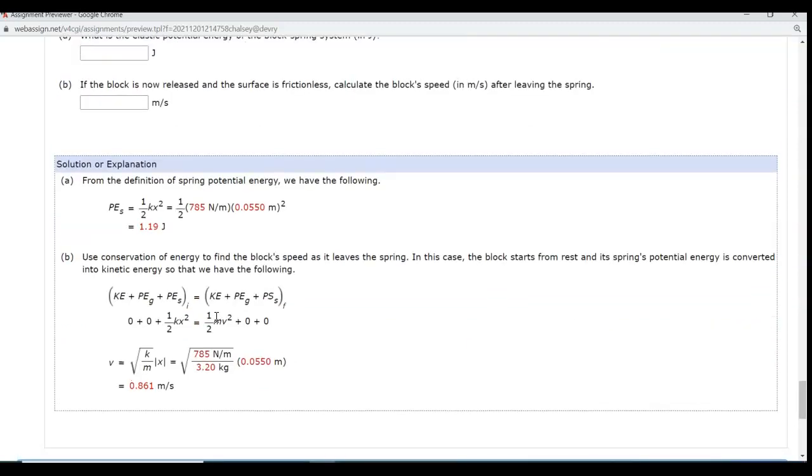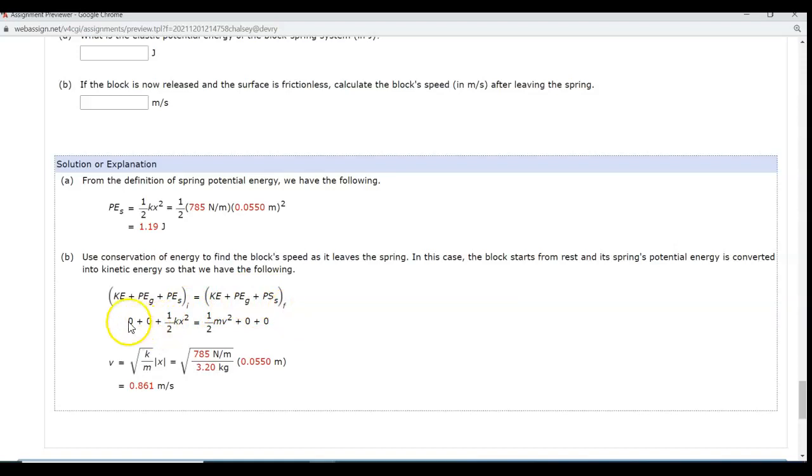If the block is now released and the surface is frictionless, calculate the block's speed after leaving the spring in meters per second. Okay, so the kinetic energy plus the potential energy of the spring plus the potential energy of gravity, initial and final.